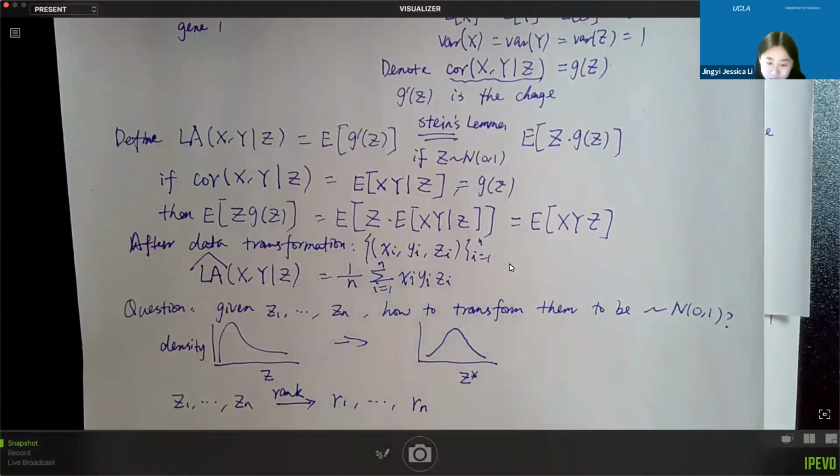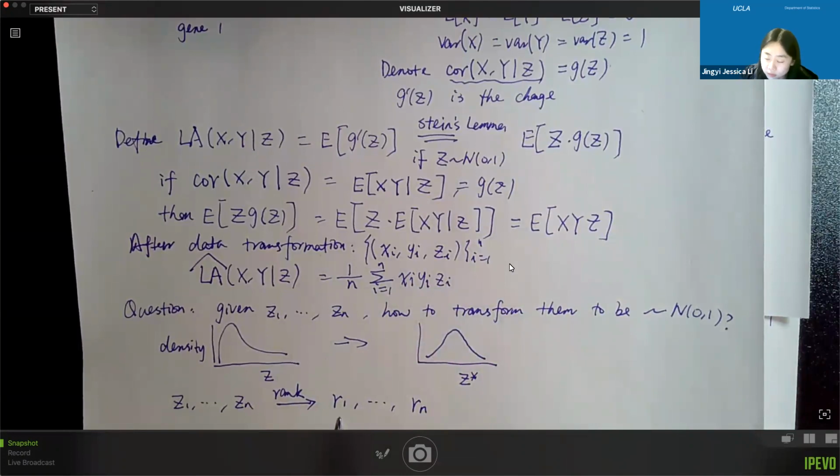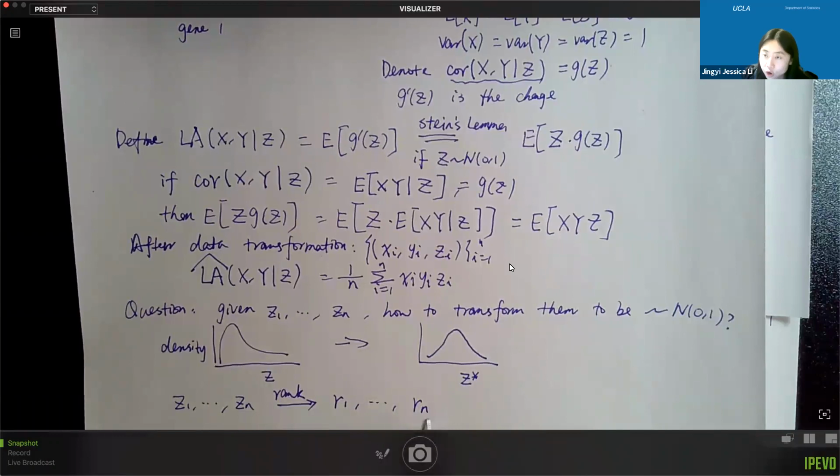And second, we are going to change the ranks to percentages or left tail probabilities between 0 and 1. So what do we do? The most reasonable way is to divide each rank by n. So then the minimum will become 1 over n, the largest will become n over n.